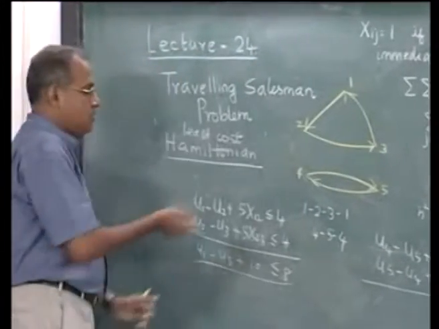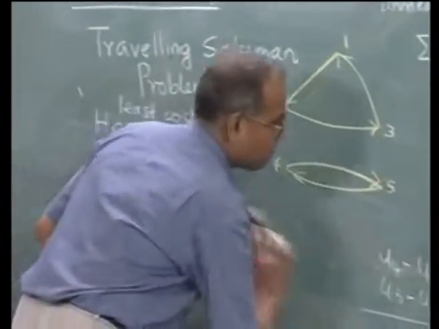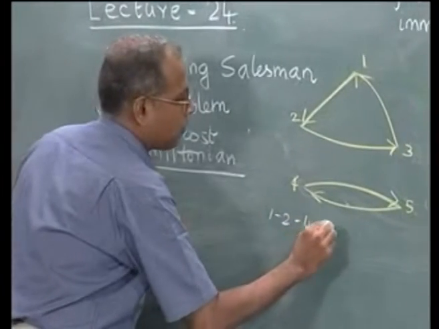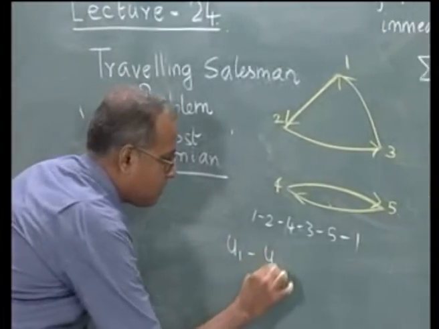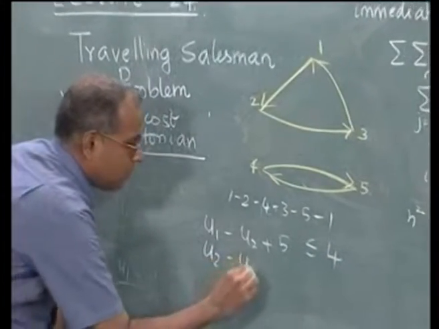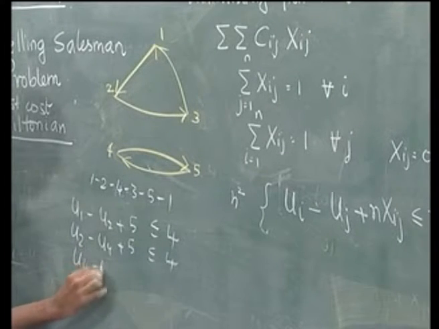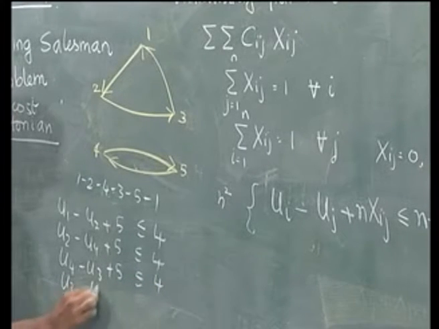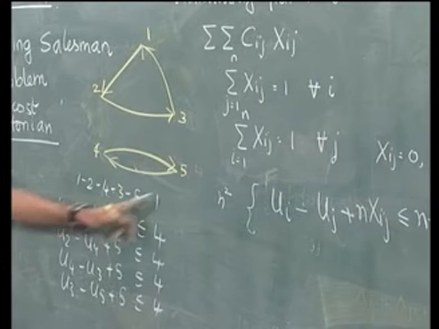So, if we have a tour which is, say, 1 2 4 3 5 1, then we have u1 minus u2 plus 5 is less than or equal to 4, u2 minus u4 plus 5 less than or equal to 4, u4 minus u3 plus 5 less than or equal to 4, u3 minus u5 plus 5 less than or equal to 4, and it is not defined for 1.